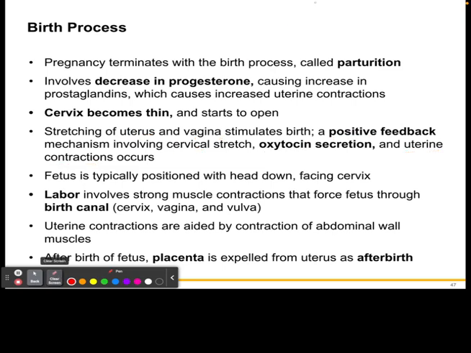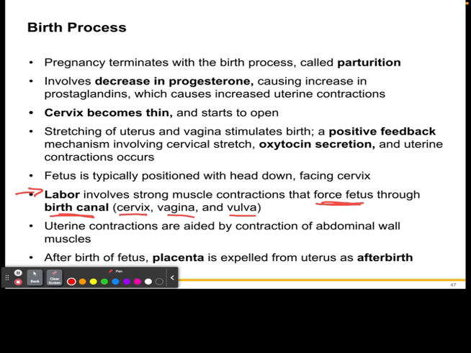At this point, the fetus is typically positioned with its head down, facing the cervix, so it's the first part of its body to exit. And labor is when the strong muscle contractions of the uterus are going to force the fetus through the birthing canal, which at the end of the day is the cervix, vagina, and the vulva.